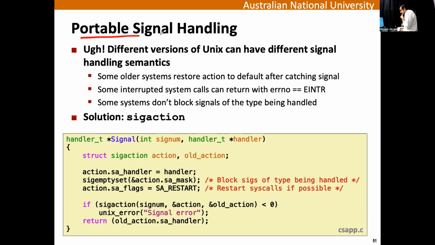Okay, so there's portable signal handling. The problem is that different versions of Linux have different semantics for signal handling. Some older systems, every time you run a handler, the main program needs to reinstall the handler.